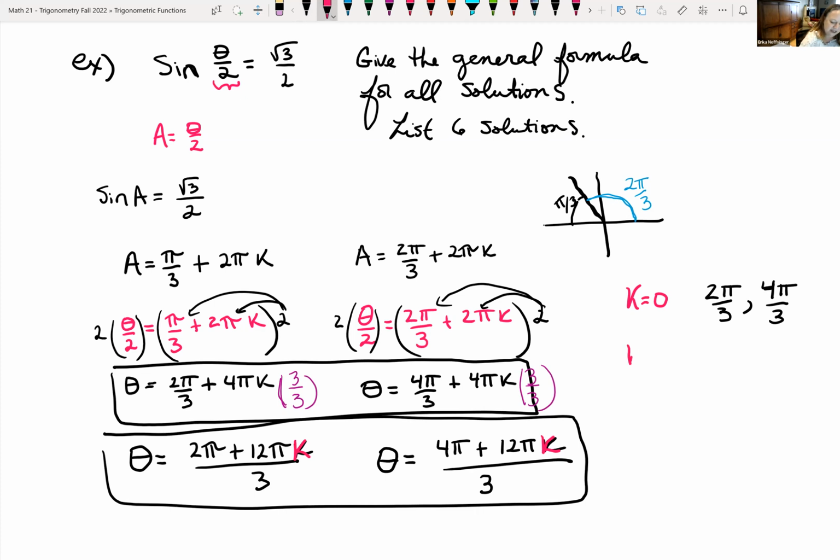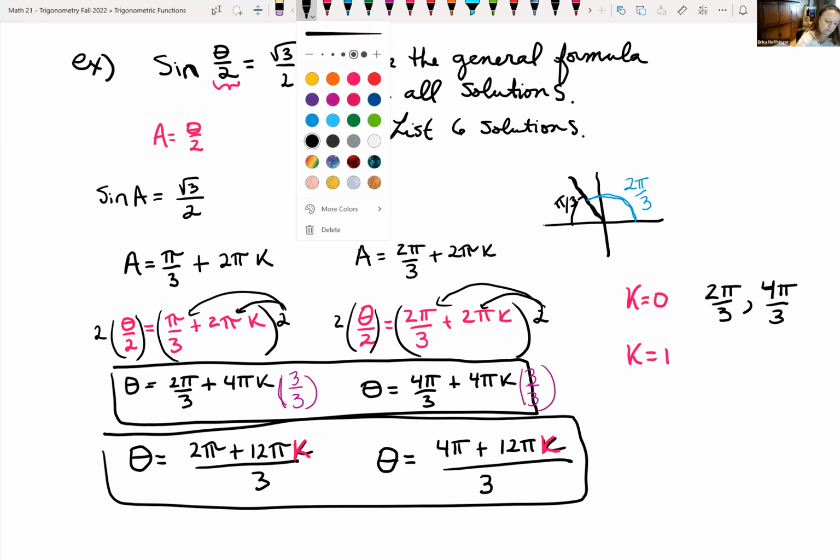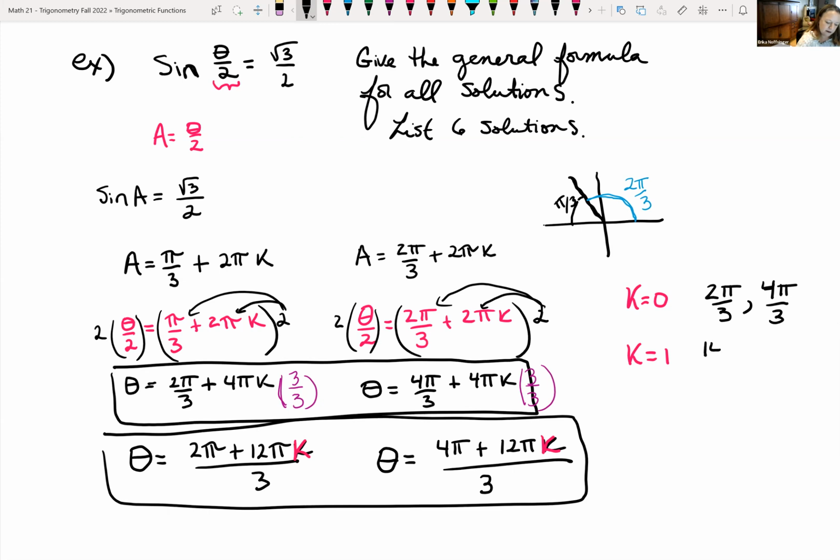If k is equal to 1, we got 2 other solutions. So we got 12 pi plus 2 pi, that's 14 pi, so 14 pi thirds. Okay, k equal 1 again. So that's 12 pi plus 4 pi is 16 pi thirds.